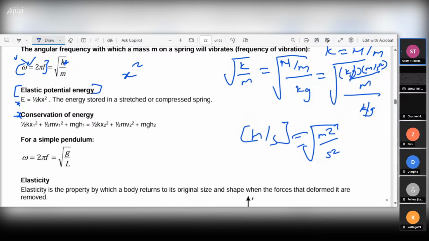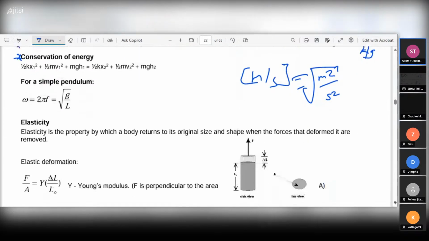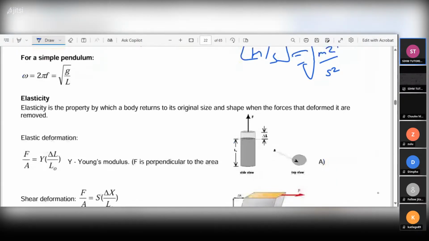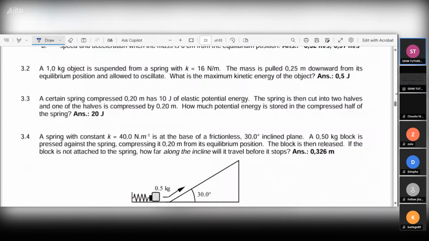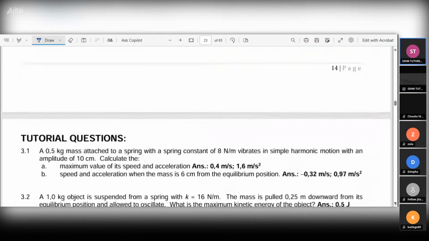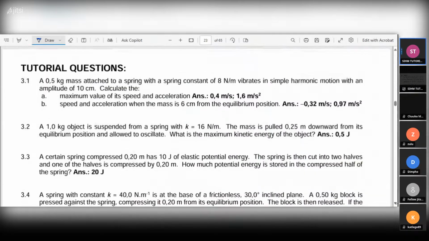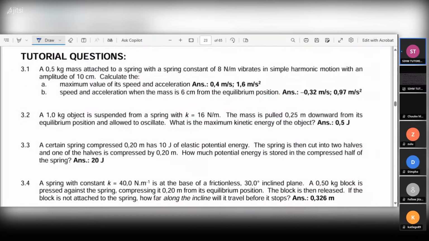So before I go to the elastic deformation, I don't want to get confused, so I want us to try to check whether we're going to find something. Let's hope most of you have started attempting these questions, because mostly these are the questions that are going to come into your test on Saturday, but you'll be having some different values.